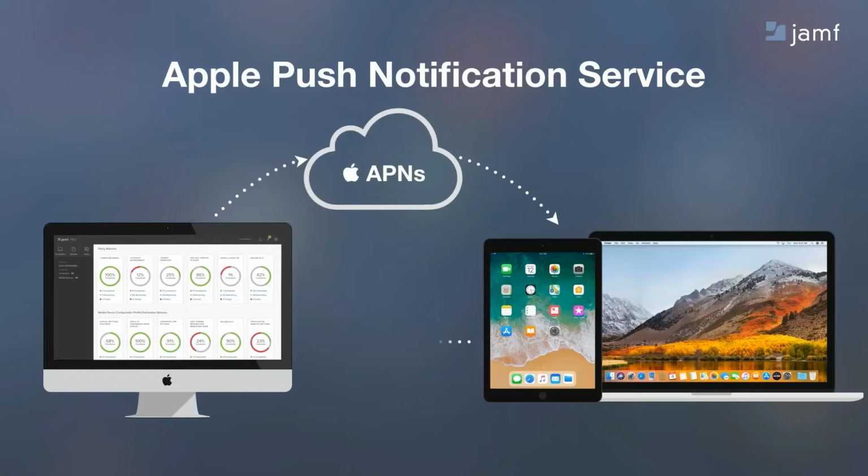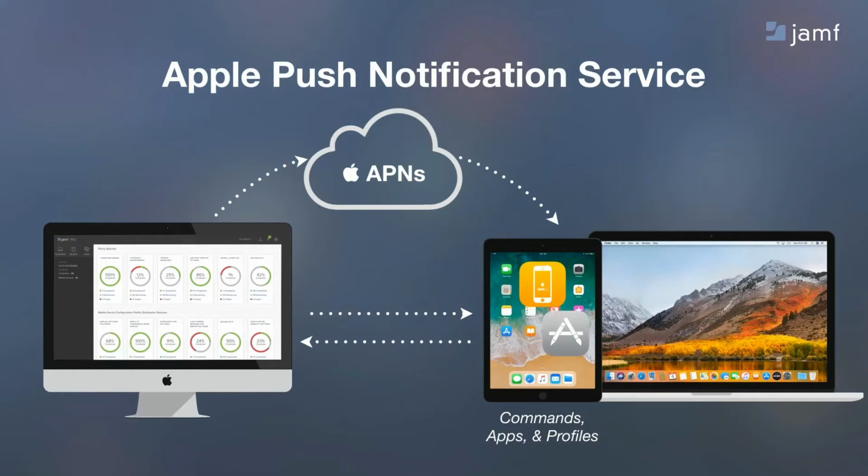JAMF works by leveraging Apple's push notification service, or APNS, to maintain a constant connection to your devices. It's the same service which sends notifications from your favorite app to your Apple device. All communication happens back to your JAMF Pro server and is kept secure. You can send various commands, apps, and profiles to your managed devices.